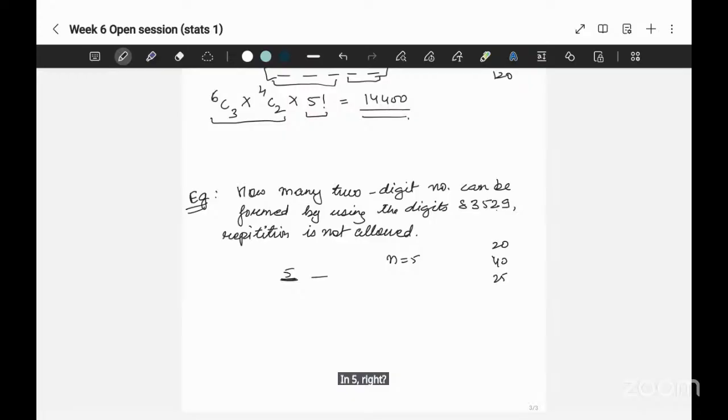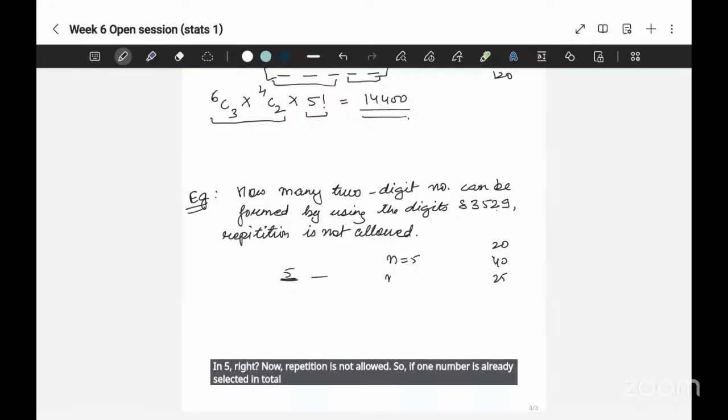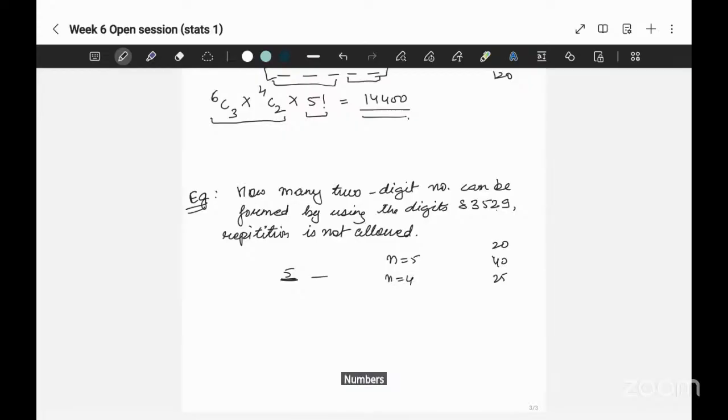Now, repetition is not allowed. So if one number is already selected, I have 4 numbers left. So from these 4, I will select one number, which is 4 ways. So in total, it will be 5 into 4, which is 20. Got the point?